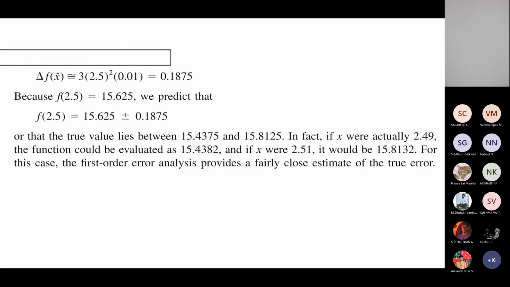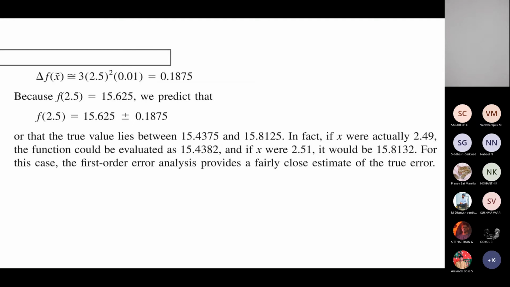Now after solving this, we get 15.4375 and 15.8125. To cross check this, we simply put x equals 2.49 and 2.51 in the place of x, so that we can know whether what we have calculated is right or not.